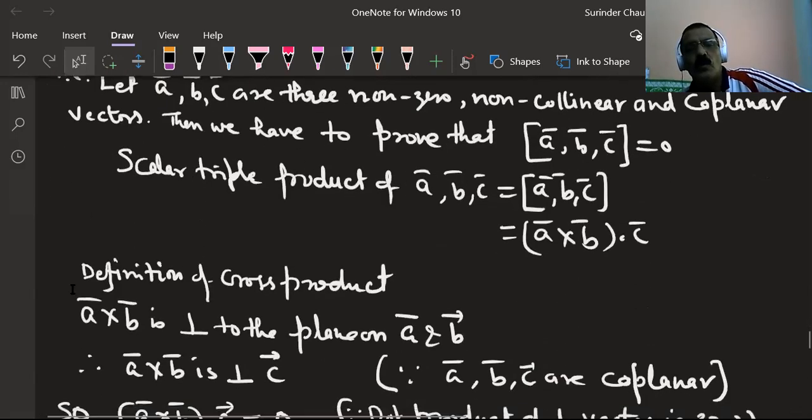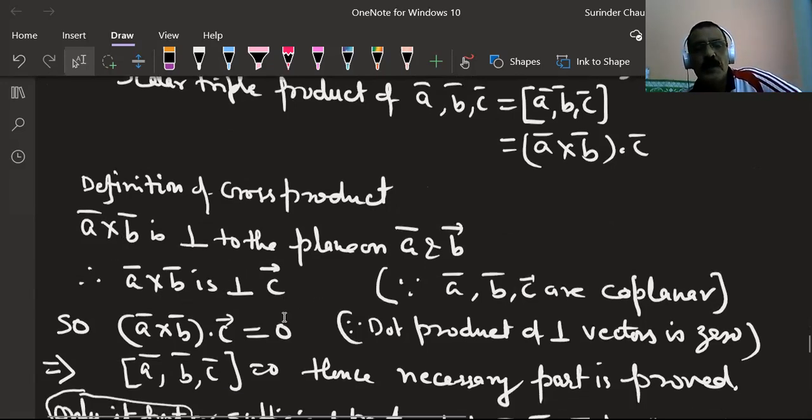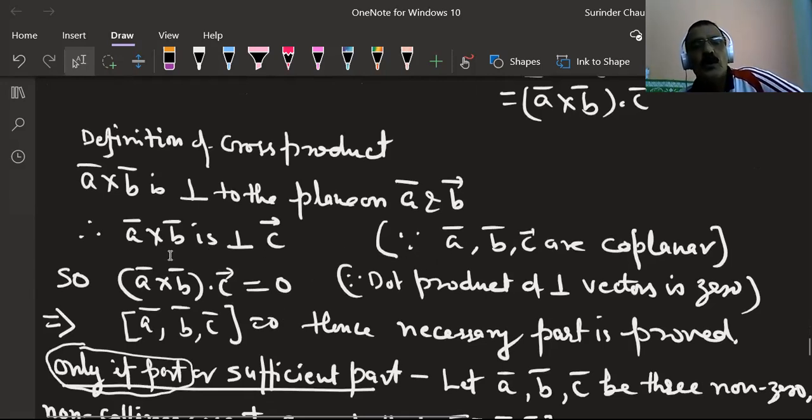Now, from the definition of cross product, we know that the cross product of two vectors is always perpendicular to the plane containing the two vectors A and B. But ABC are coplanar. This implies the new vector A cross B is also perpendicular to C. So the dot product of A cross B vector and C vector must be equal to 0 because they are perpendicular.